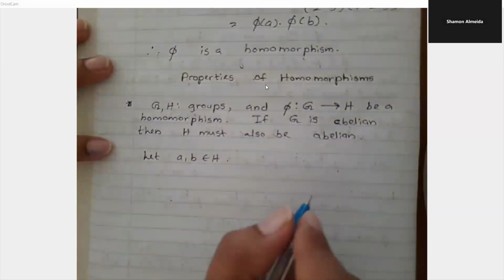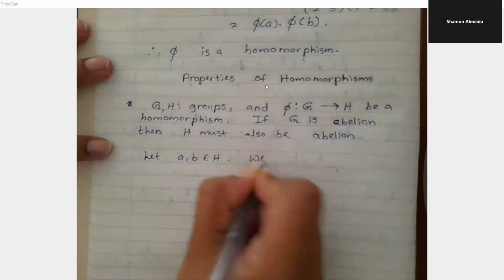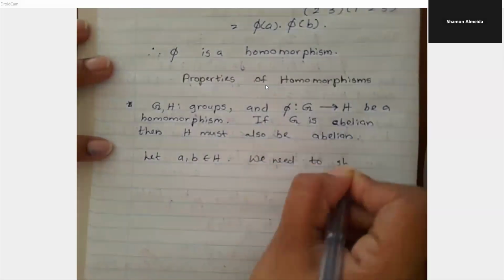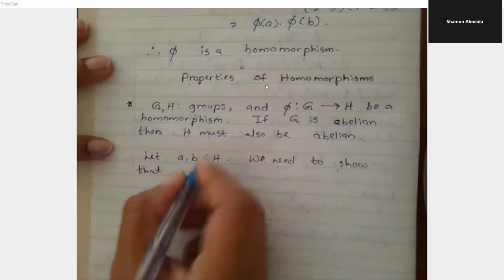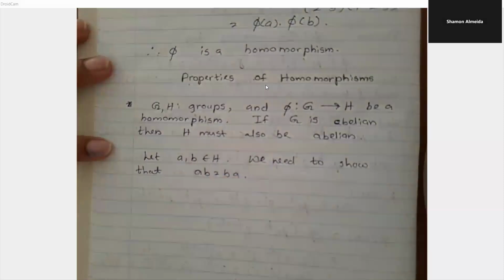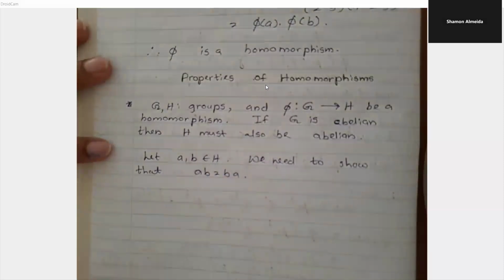That proves that H is abelian. We need to show that AB is equal to BA. So let's start now. A, B are in H.